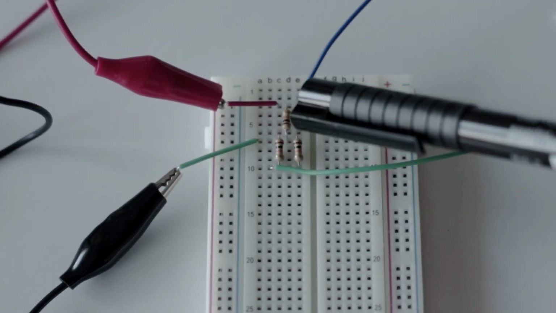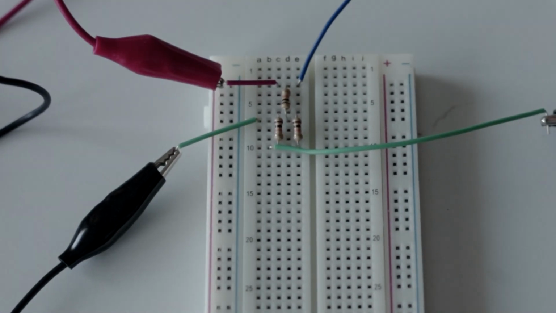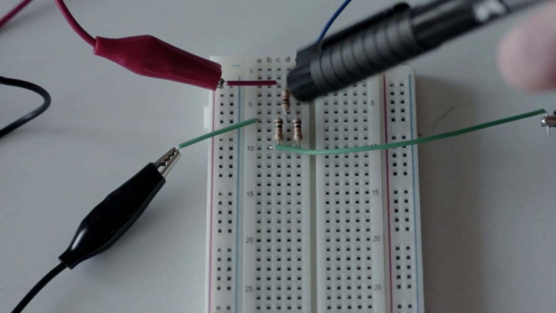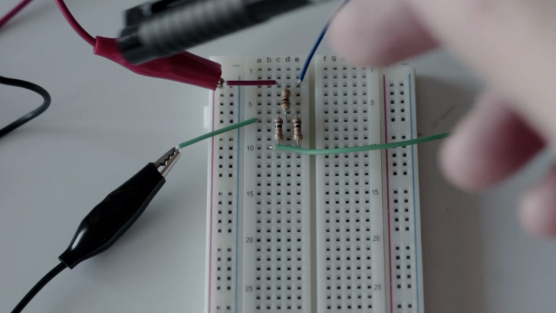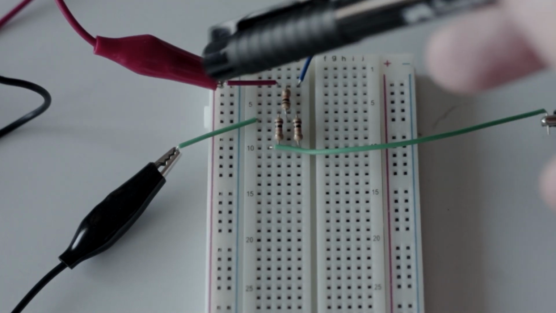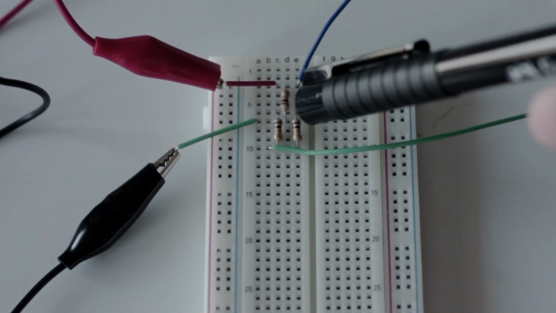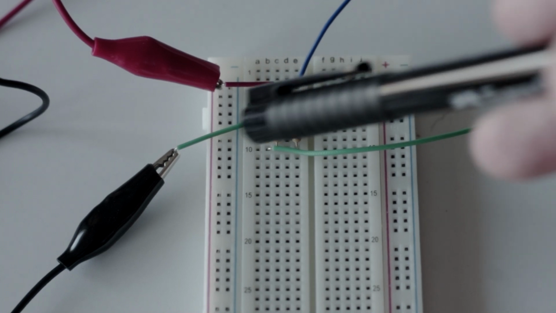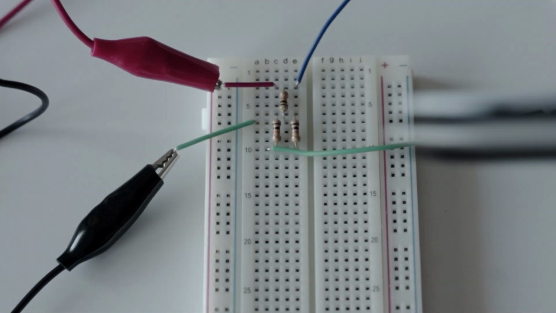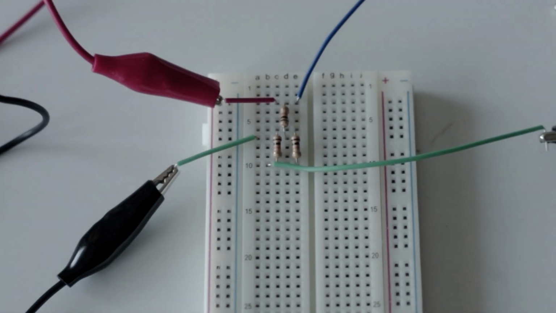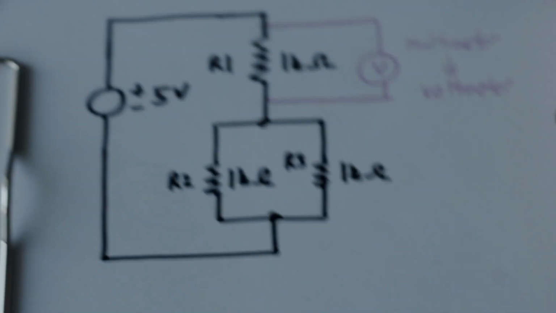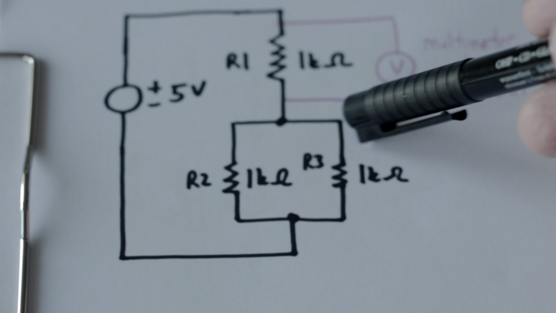And this is R1. As you can see, the top lead of R1 is on the same row with the red probe, and the bottom lead of R1 is on the same row with the black probe. So this is basically how we do the parallel connection.